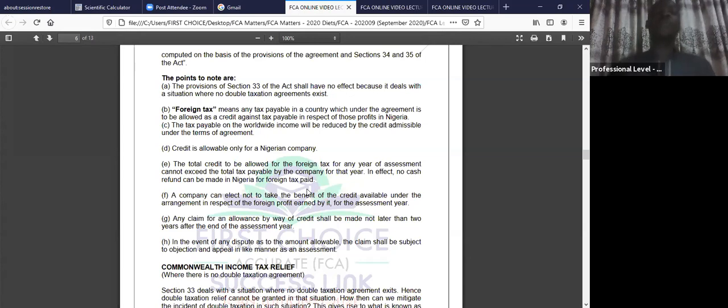So when Nigeria computes its tax, it's going to give a relief equivalent to 25% of the foreign income. That is what will be used as the relief. Assuming that South Africa charged like 33% to 35%, that means the 30% in Nigeria will be used as the relief in Nigeria.